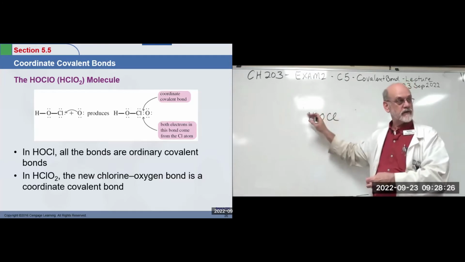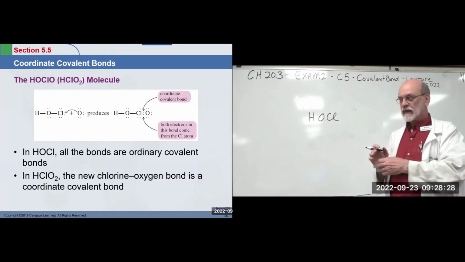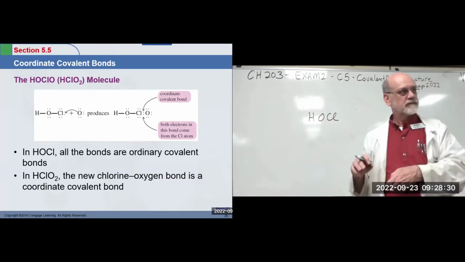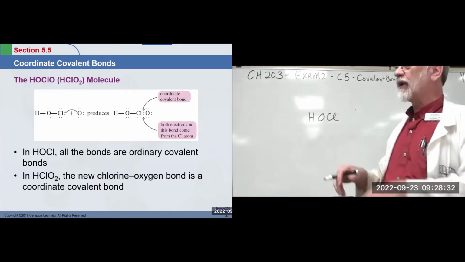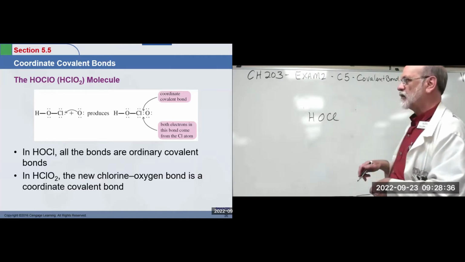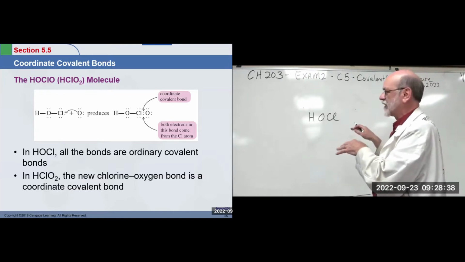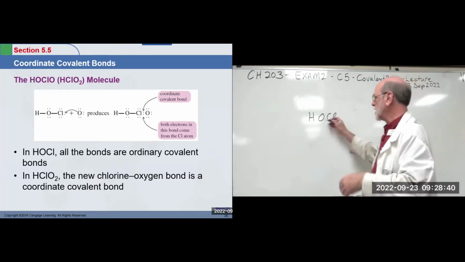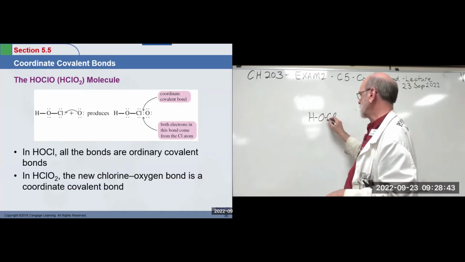We add a hydrogen to it, makes an acid, as long as you put it in water. And this reaction probably occurs in water. But in order to understand what's going on, you have to draw the Lewis dot structures. Right?